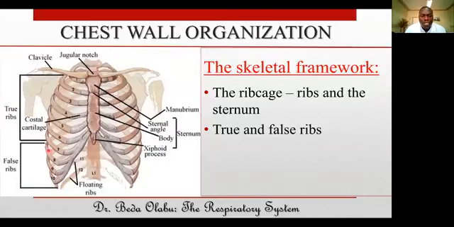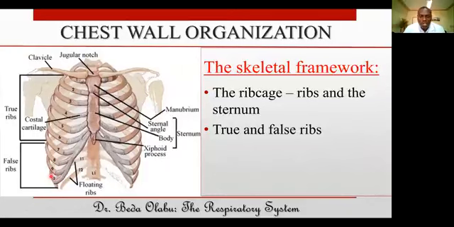For rib number 8, 9, and 10, their cartilage join the cartilage of the rib above. For example, the cartilage of rib 8 joins that of rib 7. And the cartilage of rib 9 joins the one of rib 8. The cartilage of rib 10 joins the one of rib 9.